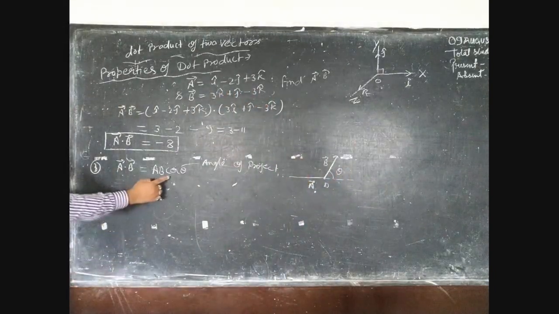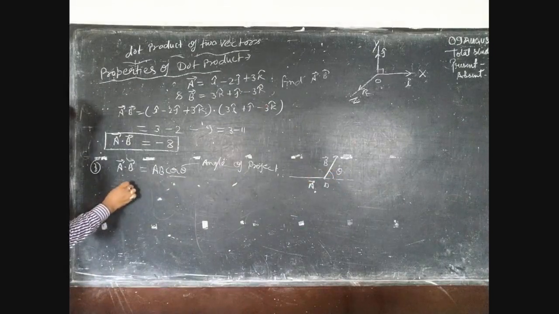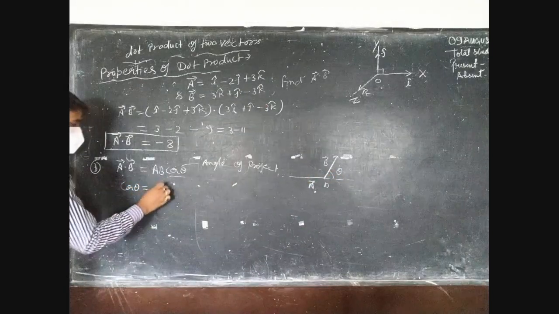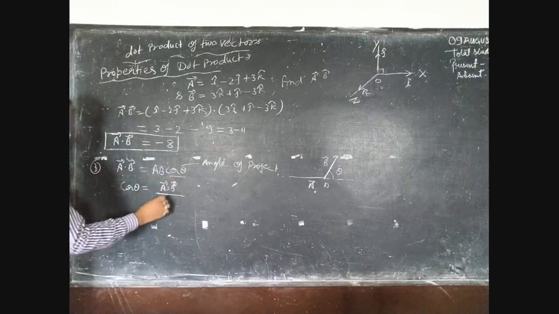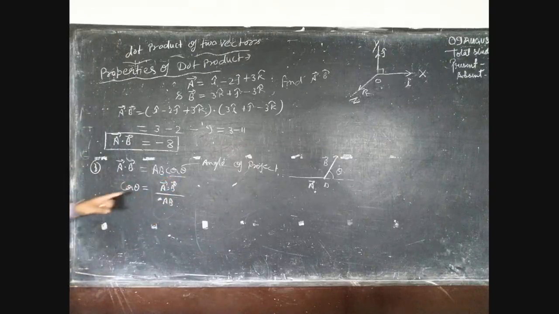So you can easily calculate this. Cos theta is equal to vector A dot vector B upon AB. What is this AB?